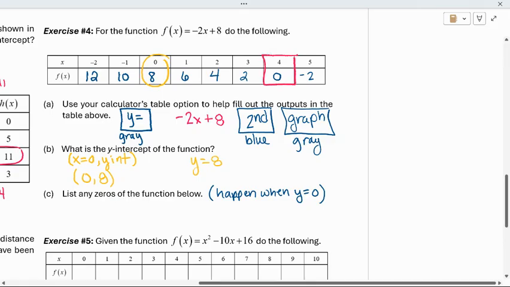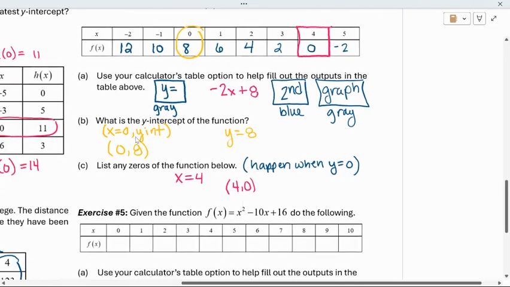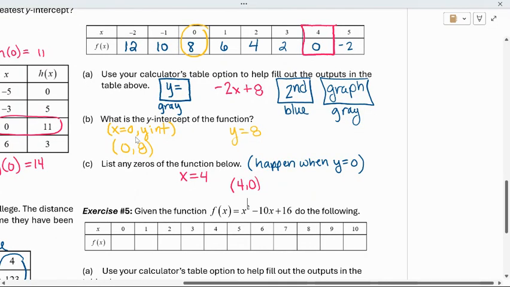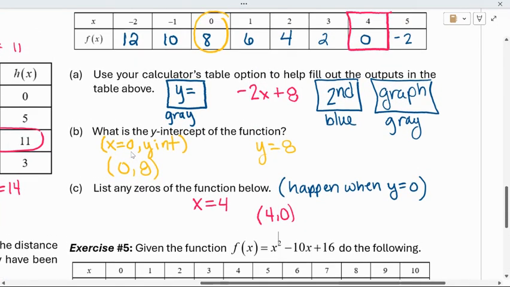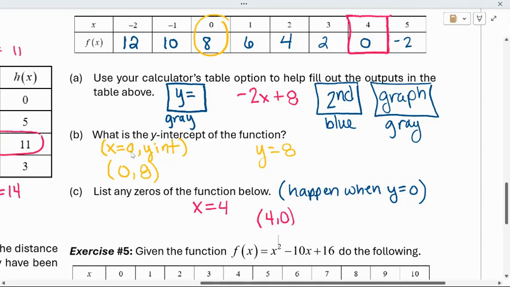Well, y equals 0 when x is 4. So we could write it as the ordered pair (4, 0). These are just the definitions that we learned yesterday: zeros, y-intercepts, turning points.